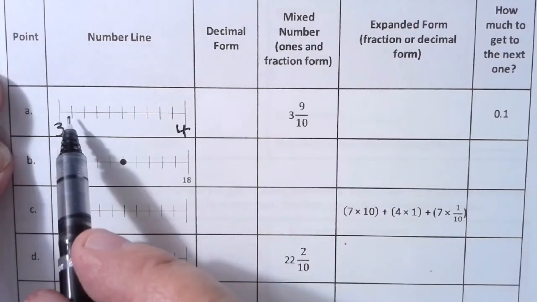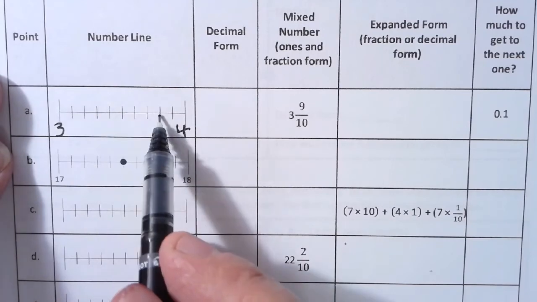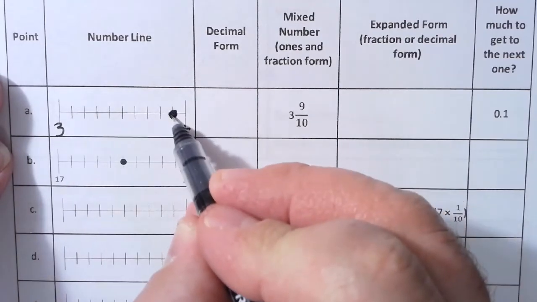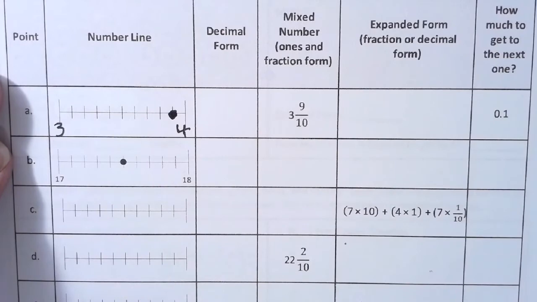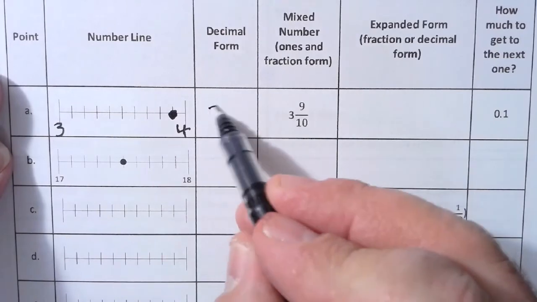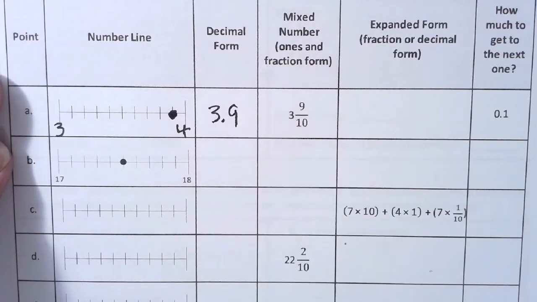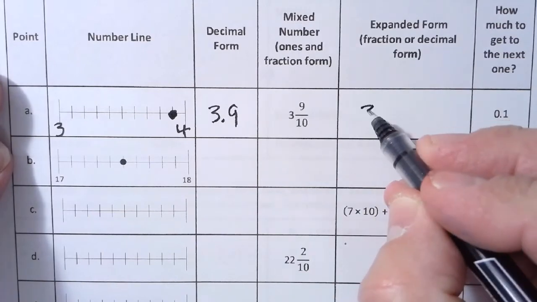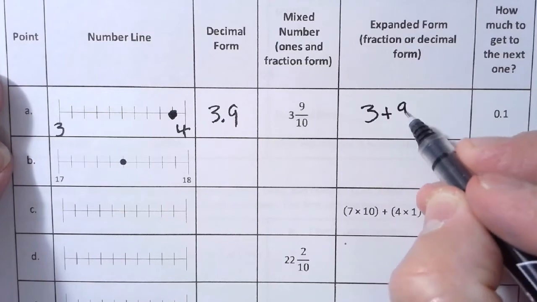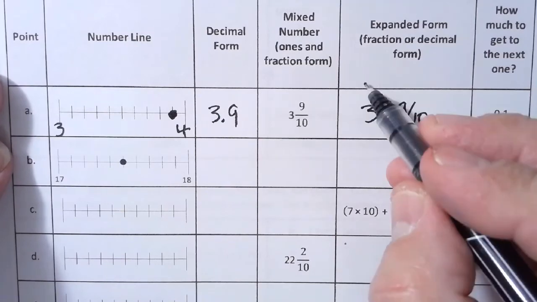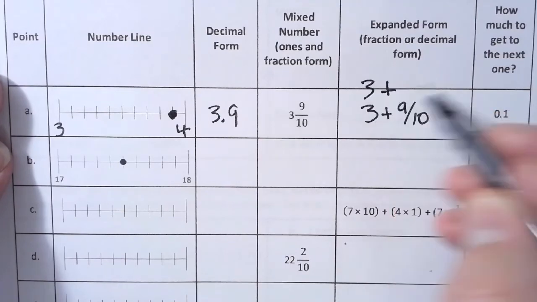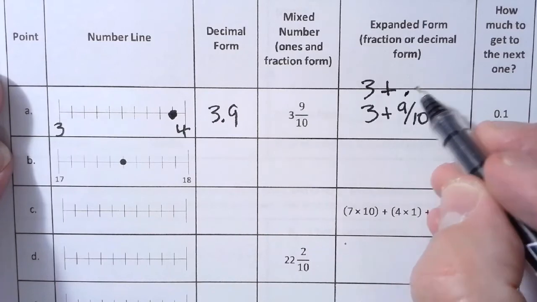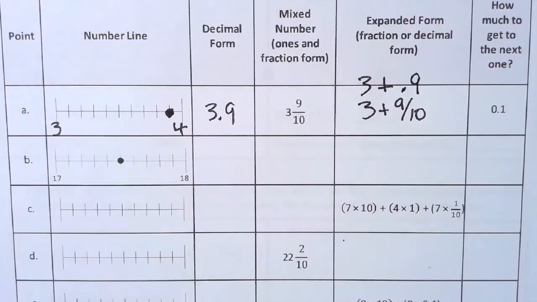So I have 1, 2, 3, 4, 5, 6, 7, 8, 9 right here. The decimal form is going to be 3.9. And the expanded form, of course, would simply be 3 ones plus 9/10. I'm going to give both in decimal and fraction, or 3 plus 0.9. Very simple. This is baby steps for you guys. I think you could do this.